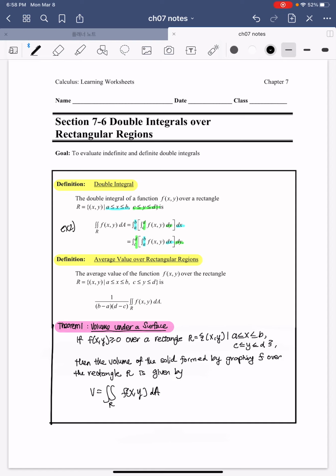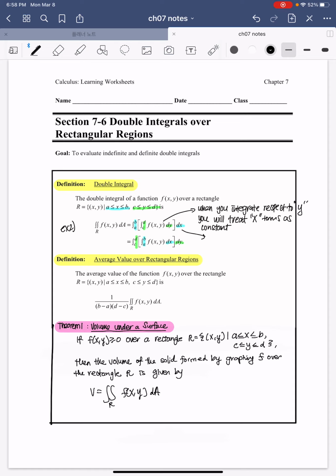Now, one thing that I want you to note, when you integrate with respect to y, I'm just going to elaborate this one. When you integrate with respect to y, right? Because dy, you will treat the x term as constant. Okay, so any x term that you see when you integrate, you're going to treat it like a constant.